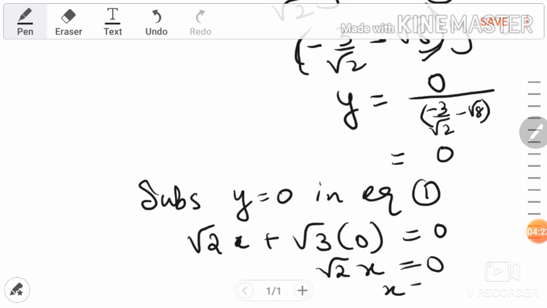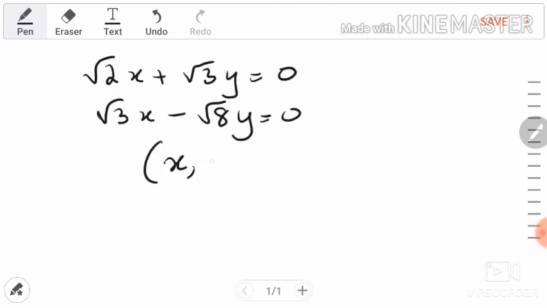Therefore x is equal to 0 because root 2 on the other side will go to the denominator. 0 upon root 2 is the same as 0. So this pair of equations has a unique solution. On solving, we found the solution to this pair of equations as 0, 0. The x is 0 and y is also 0.